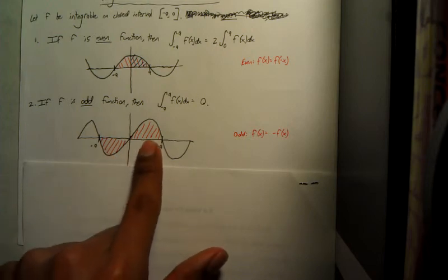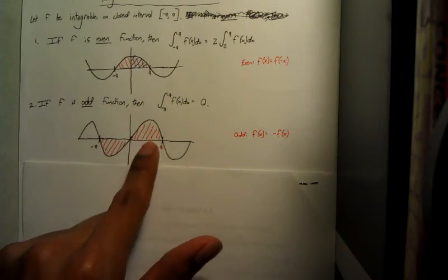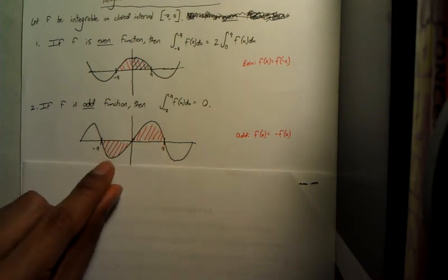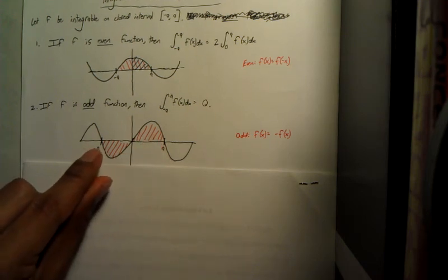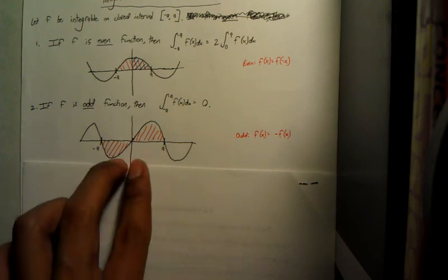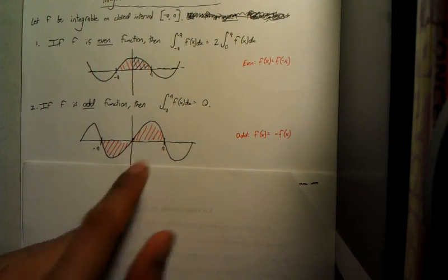So here you can see you've got this upward hill with a positive integral underneath it, but on the left side you've got the same size hill in the negative direction, which produces a negative integral. And so essentially the two cancel out because this one's positive and this one's negative, so the integral will just be 0.